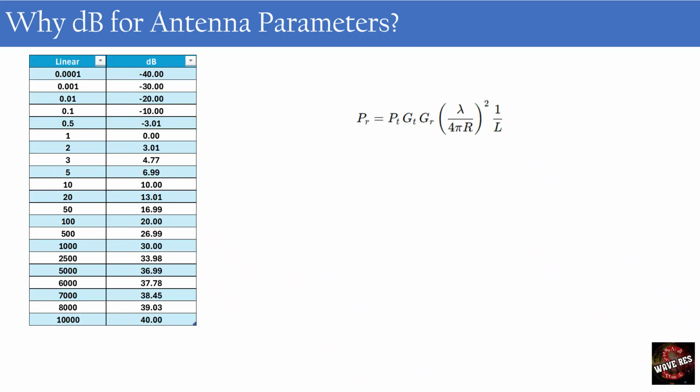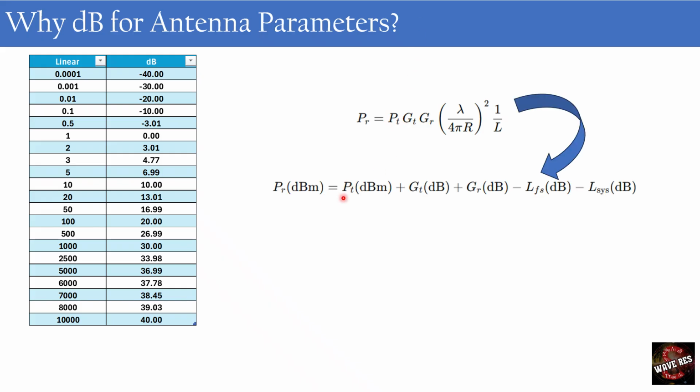Another example is this equation to calculate the link budget. Here the received power is related to the transmitted power, transmitted gain and receiver gain by this equation. If we have everything on the linear scale, we have to multiply everything and calculate the values.